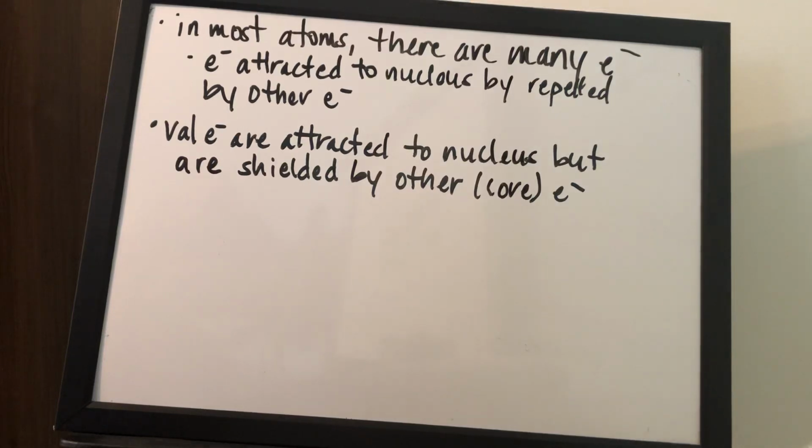Okay, when the other electrons get in the way and absorb some of the attractive force of the nucleus. So what we have to talk about is this idea of, well, if the electron is not experiencing the full attraction of the nucleus, what kind of attraction is it experiencing?